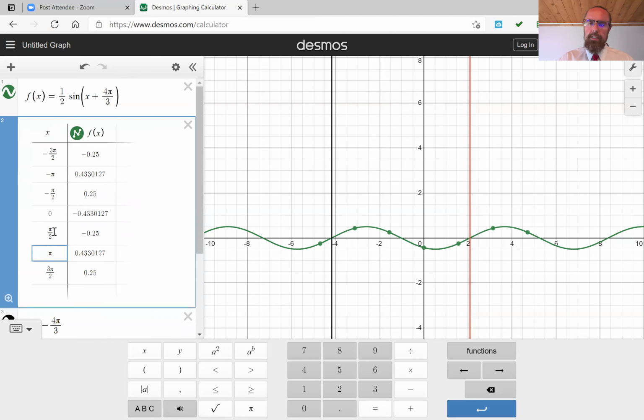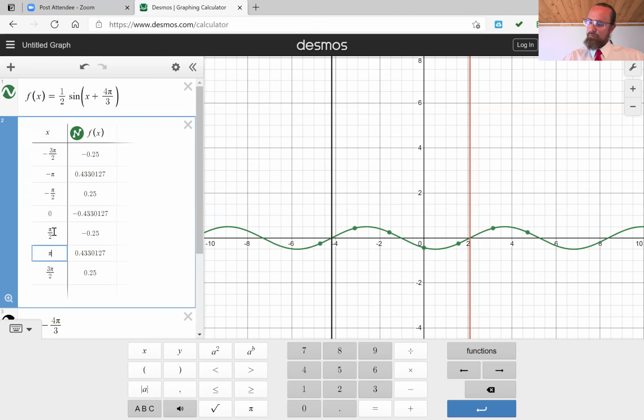And really, that's probably good for us. Let me go ahead and record that down. I can see these points appearing here on the curve on Desmos. What I am missing are the extreme maxima and minima, but I think we're okay. So I'm just going to mark down -3 pi over 2 is -1/4.